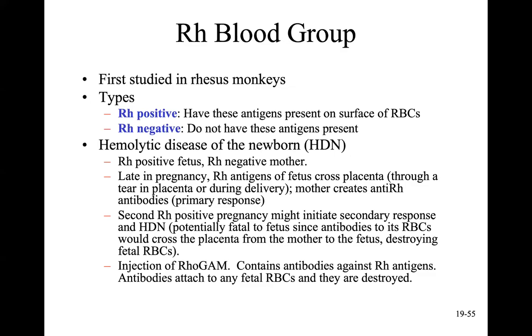Now, unlike the ABO blood group, there is no dominance. You either have the receptor or you don't. In other words, you're either positive or negative. You can't be both. When you're RH positive, say A positive, B positive, AB positive, even O positive, the RH factor is not directed.